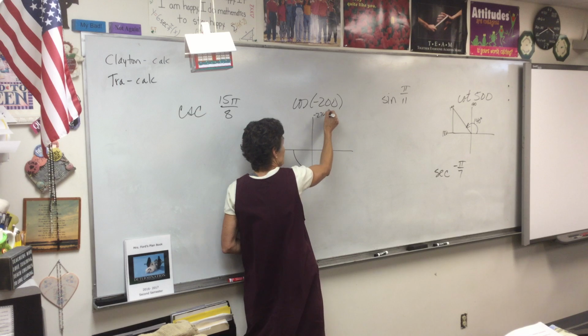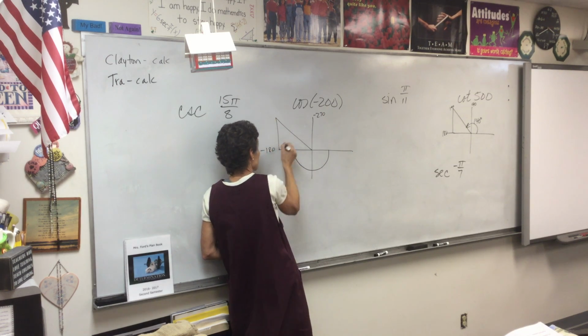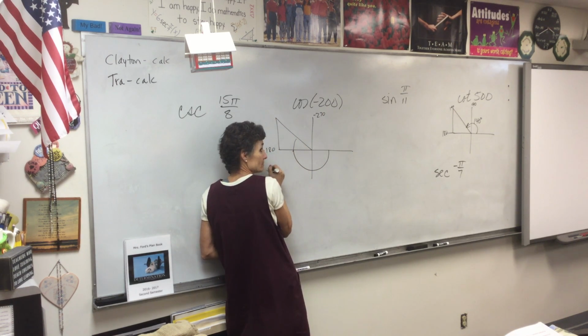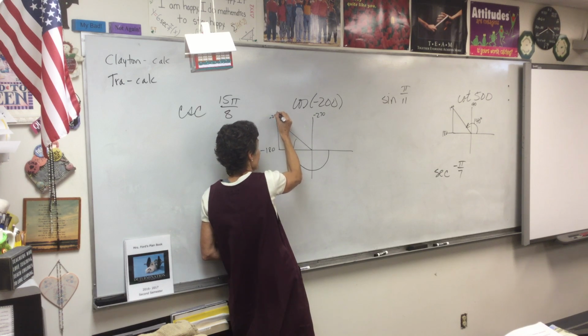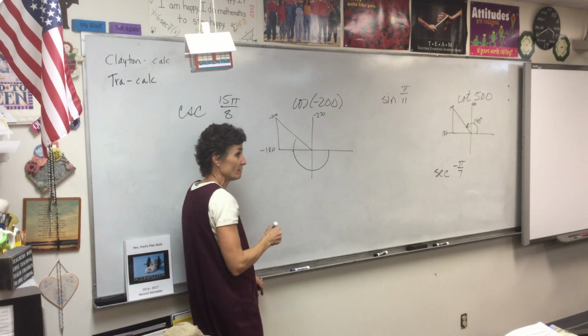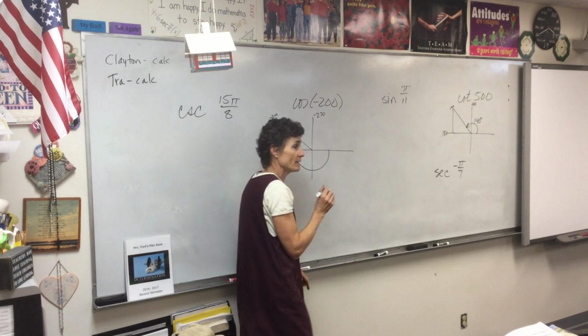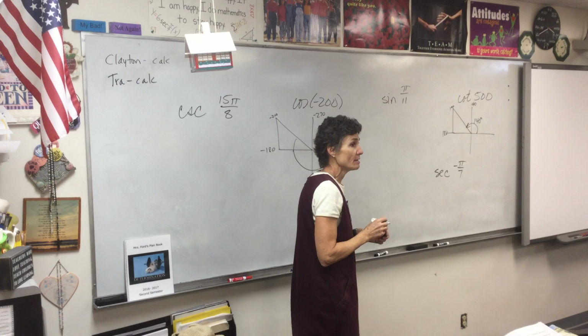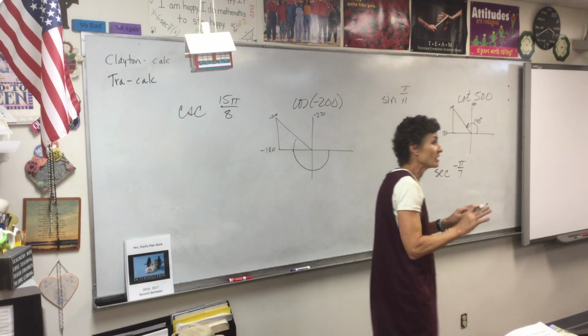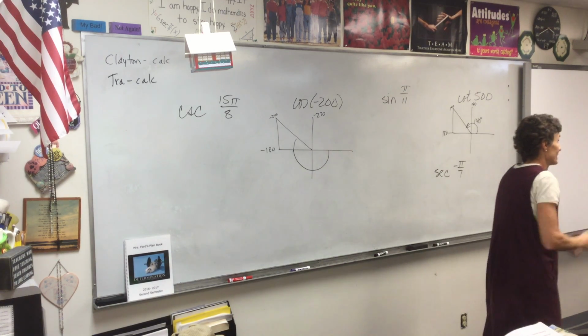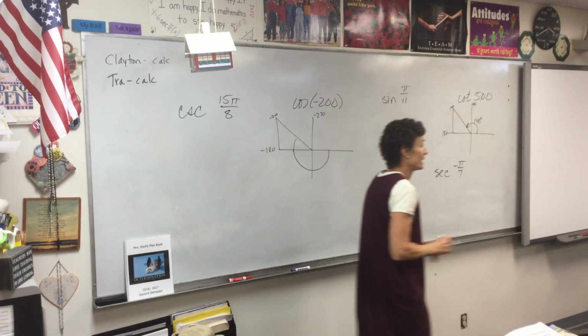And this would be negative 270, so isn't it somewhere in between there? If I'm going to negative 200, wouldn't it be somewhere in between there? Now, once you get the triangle positioned, it doesn't matter. Nothing else matters. Just plus or minus. Positive or negative.